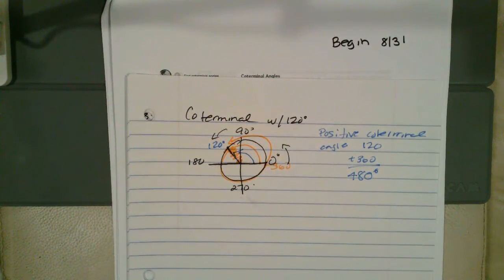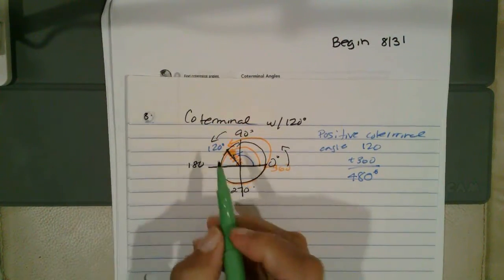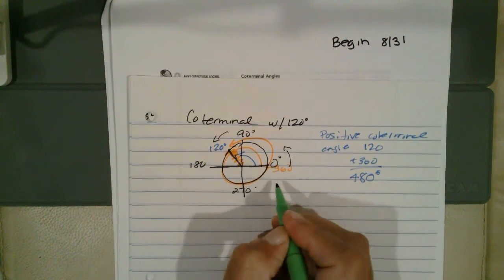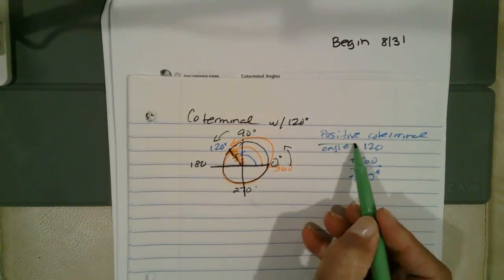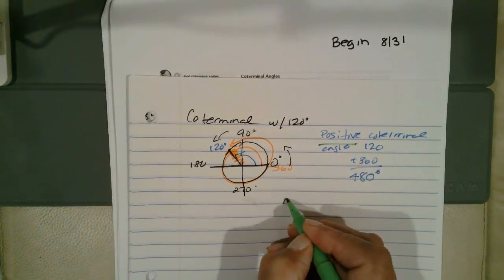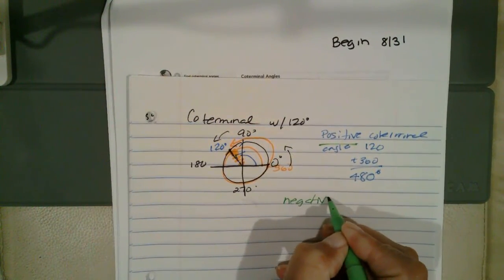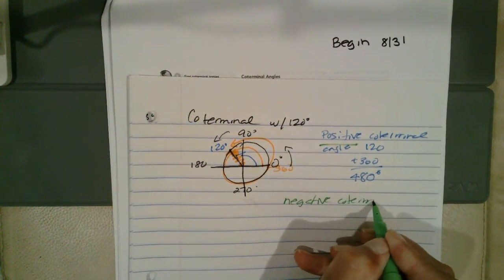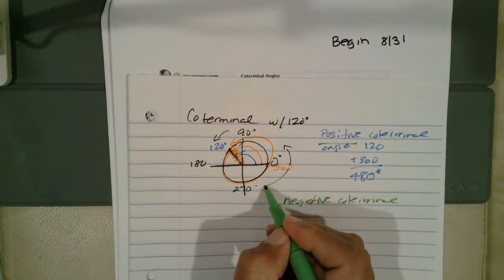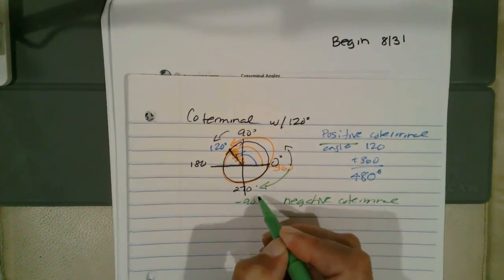There's also a way to do coterminal if you wanted to measure a negative angle that ends in the same position. Instead of measuring up and ending at this position in the second quadrant, you could measure down. Specifically, this is a positive one. If I want a negative coterminal, you would measure down, so that's negative 90.